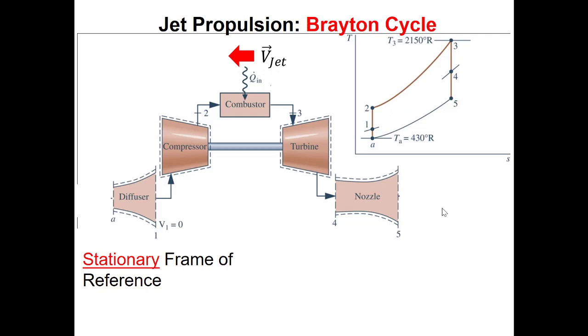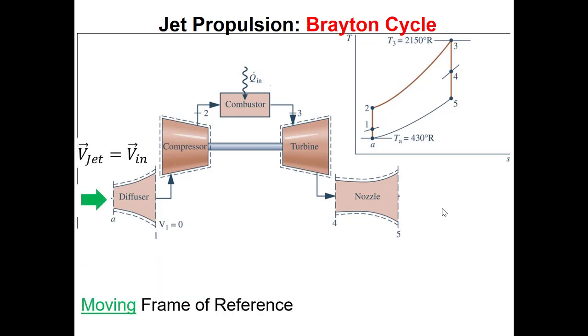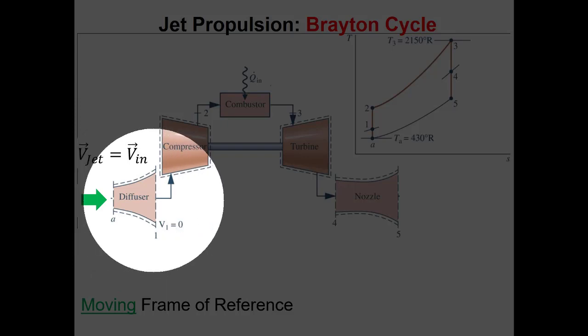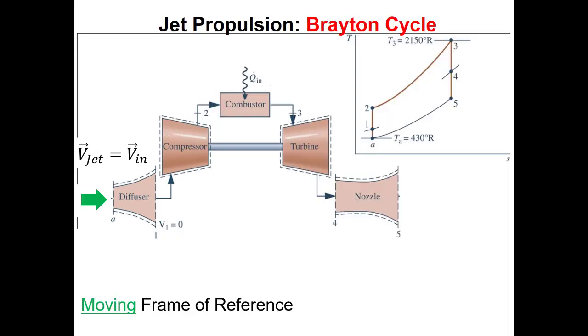So again, we have to remember that we're this crazy person standing on the wing of the plane, right? Even if the air is still, it feels like the air is coming at us. So when we're doing the analysis, we want to analyze this problem from a moving frame of reference, so that it feels like there's some velocity of fluid coming into the diffuser, even though in a stationary frame of reference there wouldn't be, if there wasn't any kind of headwind or tailwind.